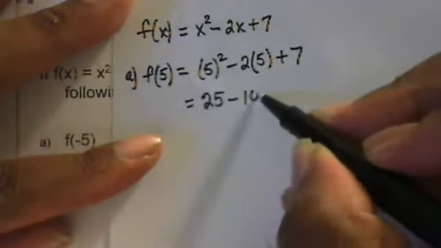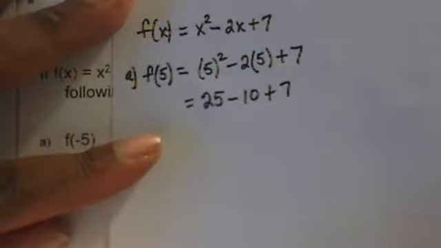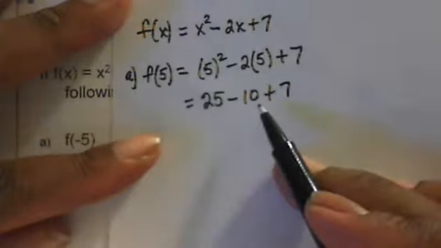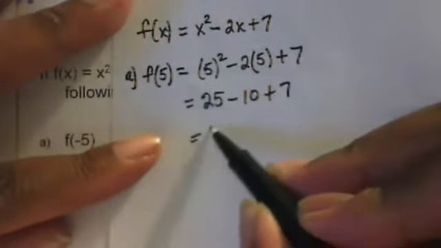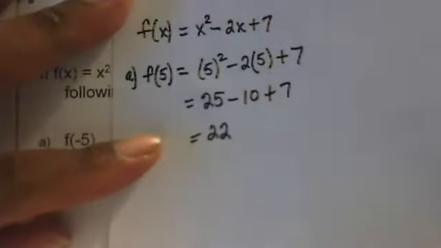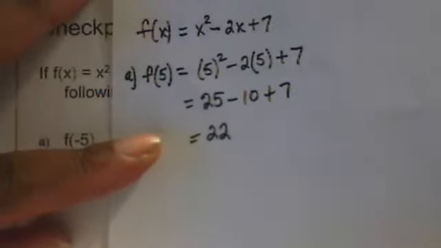Minus 2 times 5, that's 10, plus 7. Alright, 25 minus 10, that's 15. 15 plus 7, that's simply going to be 22. So the value of that function when x is equal to 5 will be 22. Alright, so that's part A.